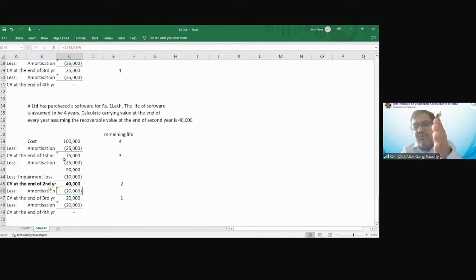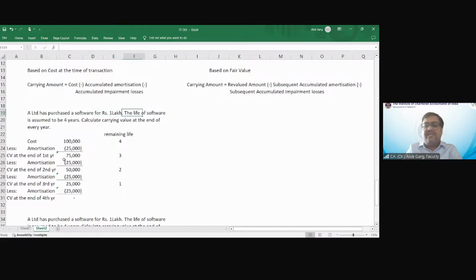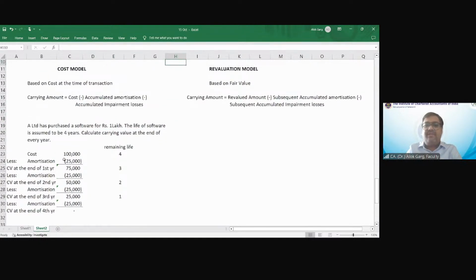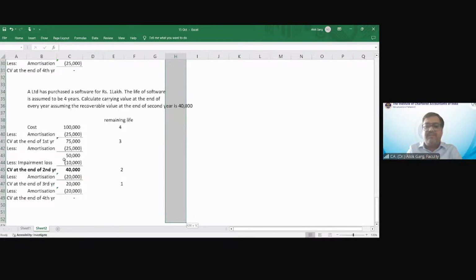Correct? And what about this revaluation approach?